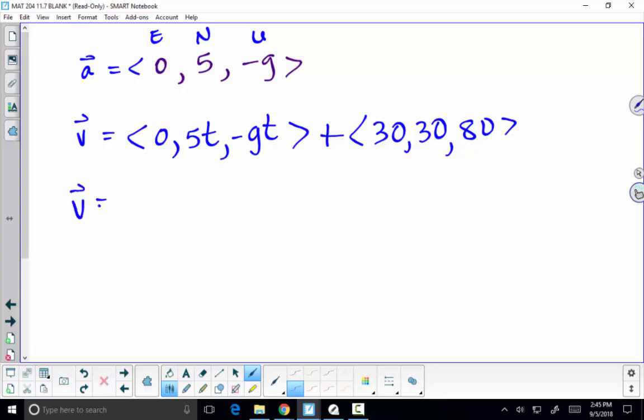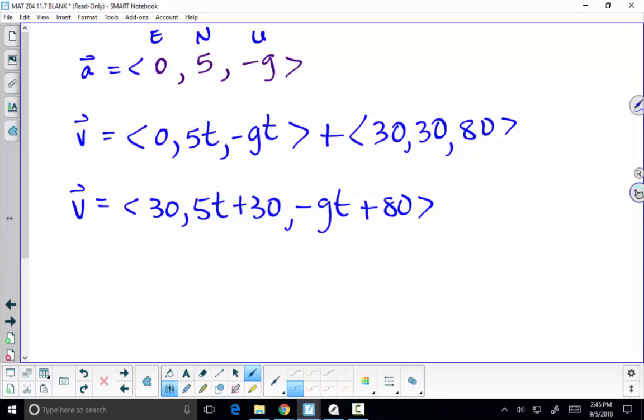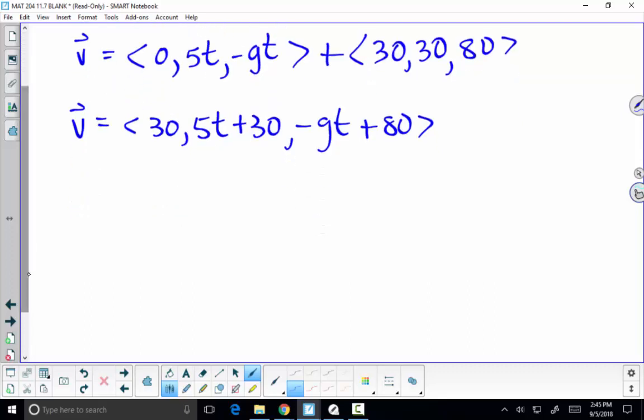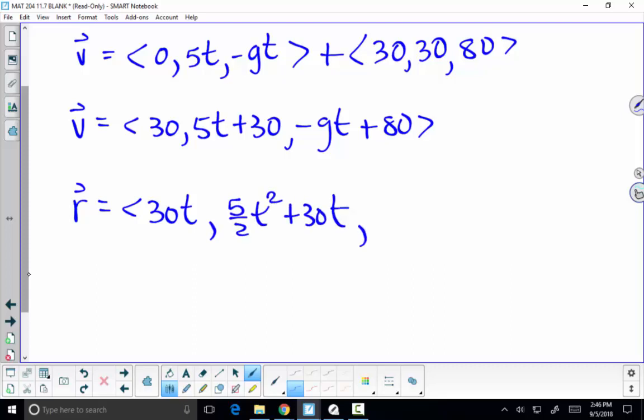So we get 30, 5t plus 30, minus gt plus 80. And then we integrate again, and we get 5 halves t squared plus 30t, comma, negative gt squared over 2 plus 80t.